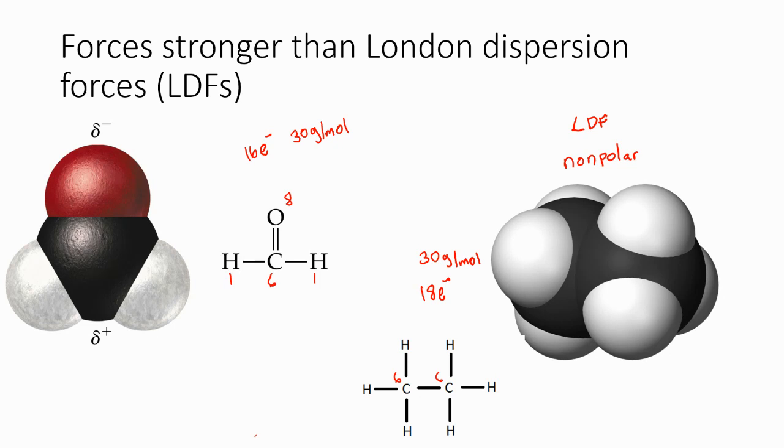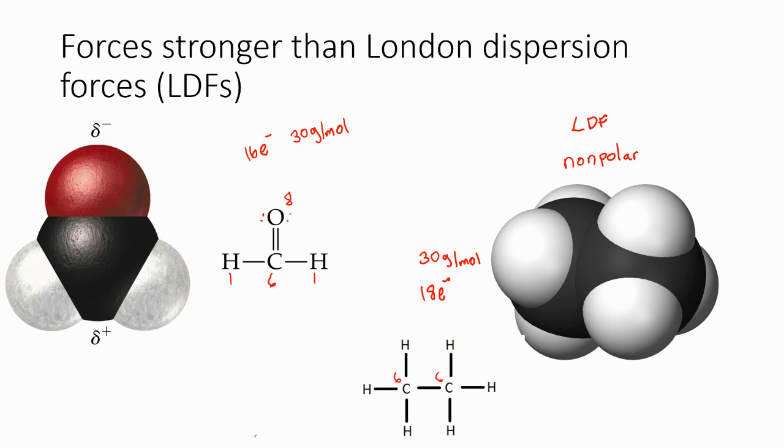Okay? On the other hand, if I look at H2CO, in a true Lewis structure, we should put these lone pairs on the oxygen. Doesn't matter much. The big thing that I want you to take away from looking at H2CO is that it's asymmetrical.